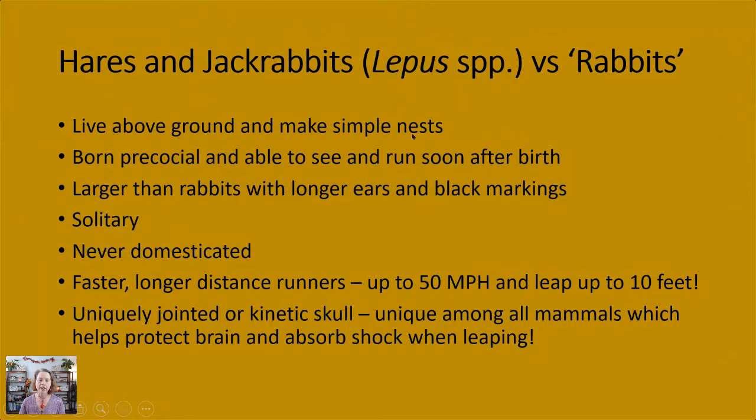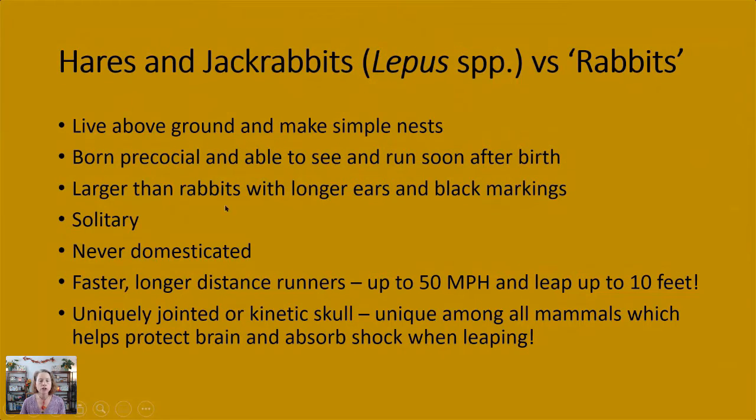Hares and jackrabbits live above ground and make a simple nest, whereas rabbits usually live in a burrow or a warren. Hares are born precocial. That means their eyes are open and they're able to see and run soon after birth, whereas rabbits are born blind and need a lot more care from their parents when they're growing up.